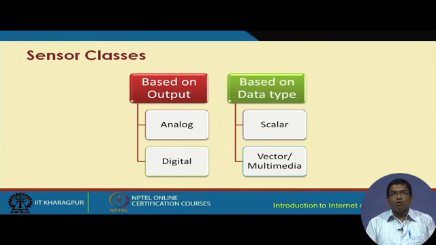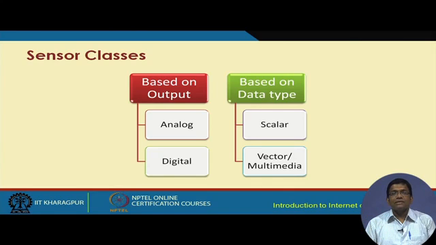Based on the output, the sensors can be classified as analog or digital, and based on the data type they can be classified as scalar or vector sensors. Analog sensors give continuous analog output. For example, a temperature sensor continuously senses and measures the changes in temperature, and the output is an analog signal.